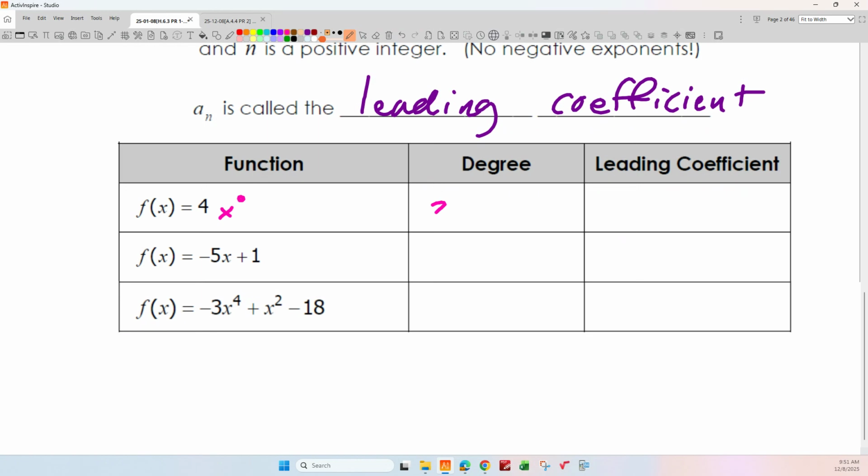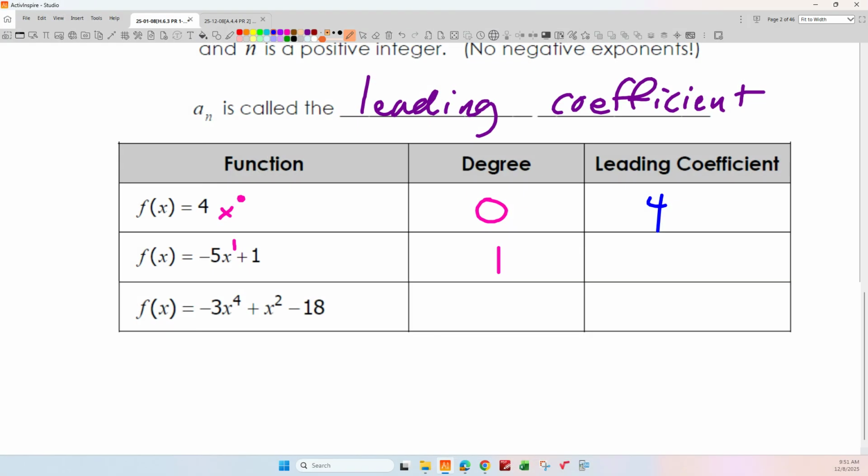Actually, I'll just write the number. Degree is 0. What's the leading coefficient? 4. Yeah, just 4. Okay, how about the next one? What's the degree? 1. Yep, it's 1 because that's the power of x.